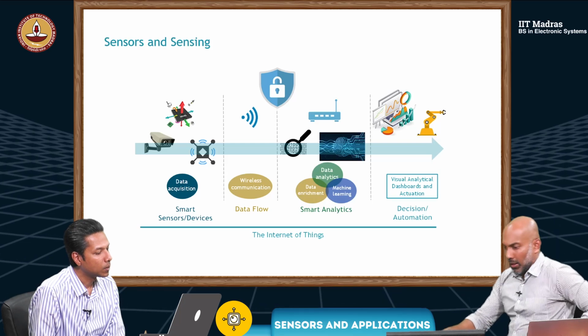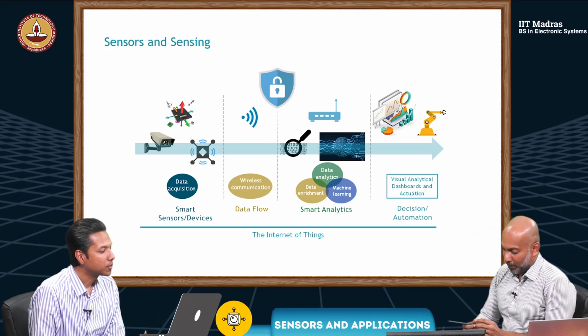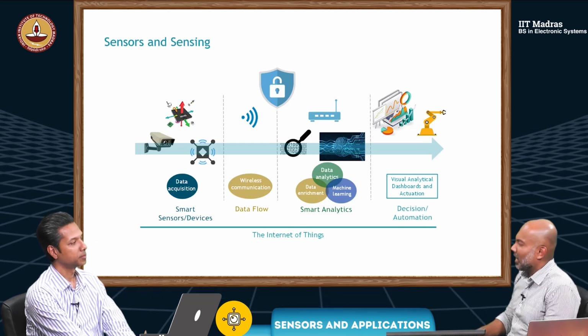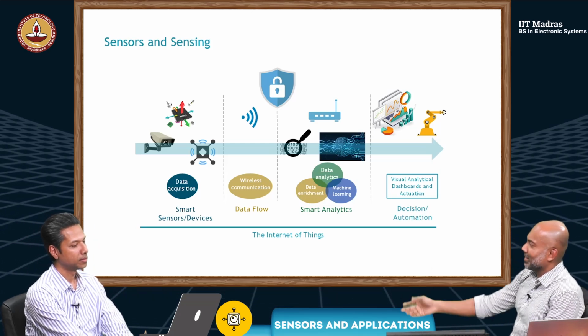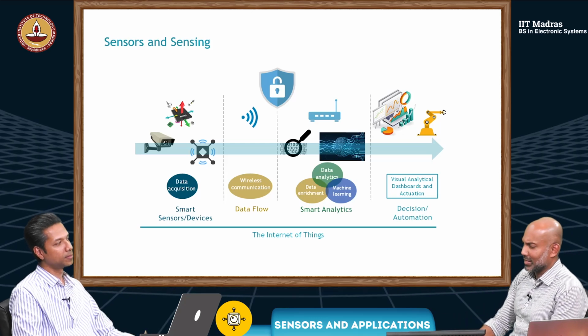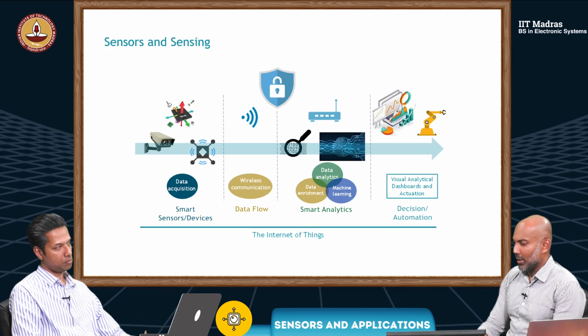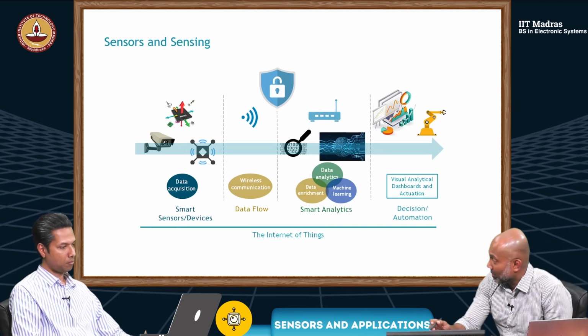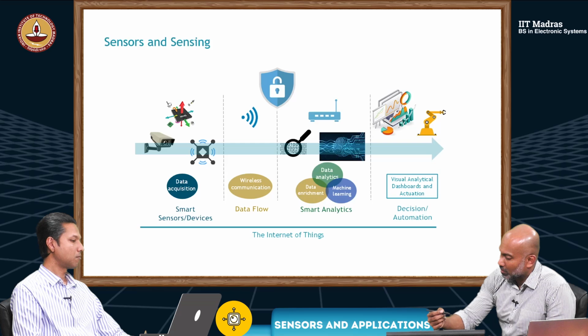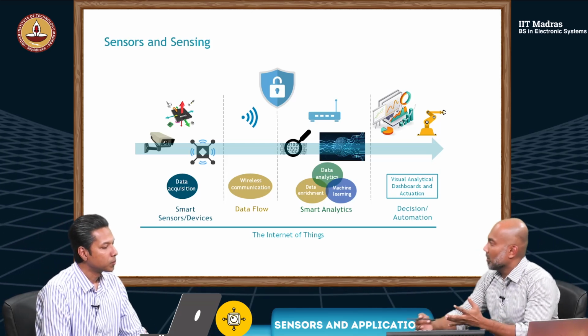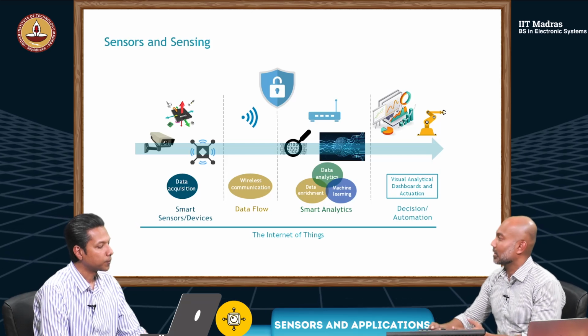People are talking a lot about artificial intelligence, AI, machine learning, all these different things now, and IoT, the Internet of Things, where generally you have sensors, and then you can wirelessly communicate, for example, to a computer or some control center.